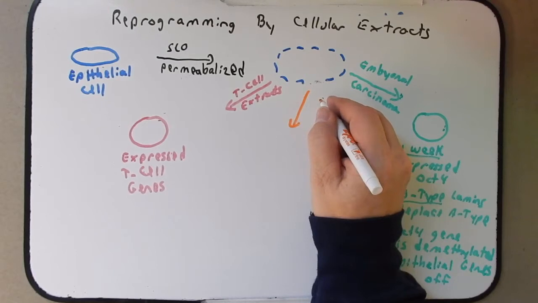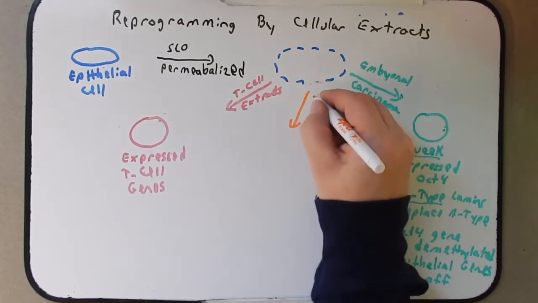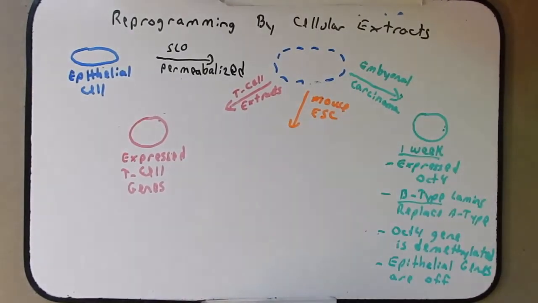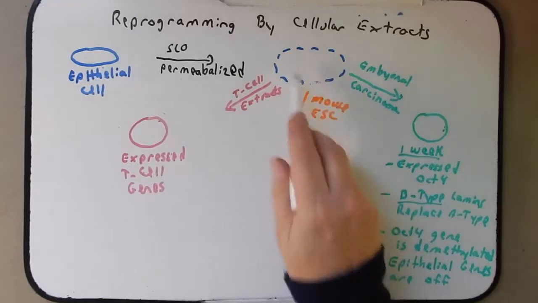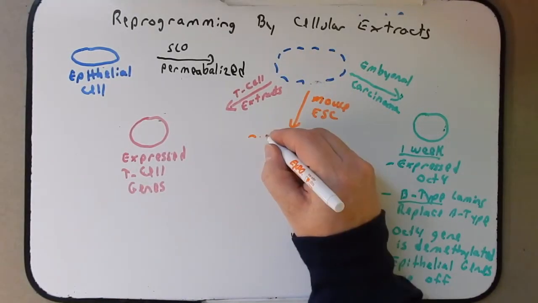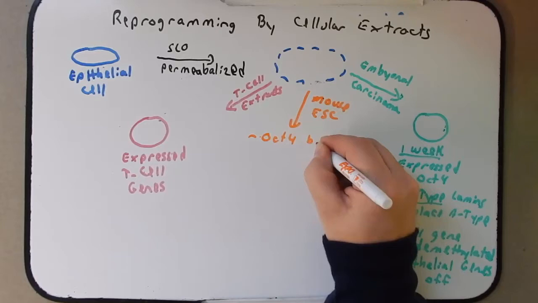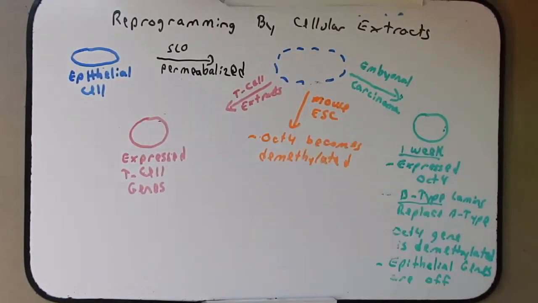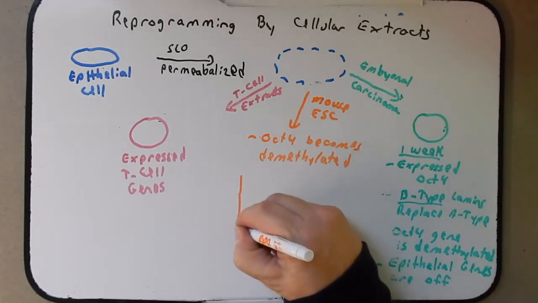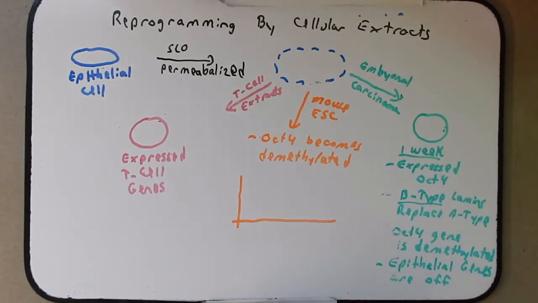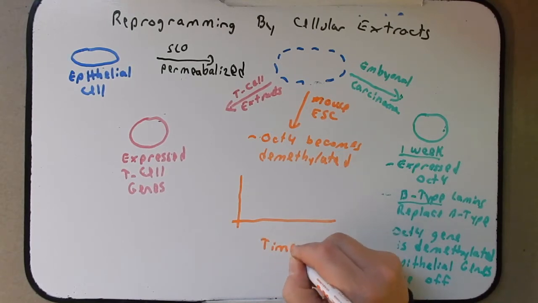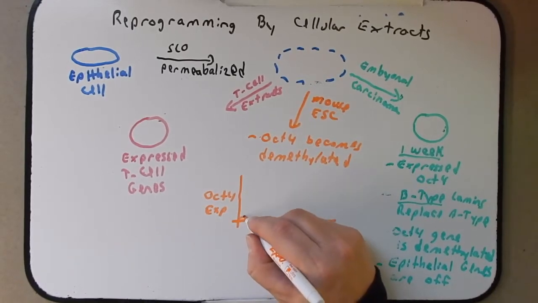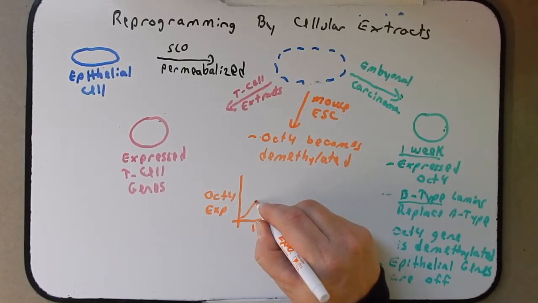So the third experiment I want to talk about is they took mouse embryonic stem cell extract and bathed the epithelial cell in it. OCT4 becomes demethylated, and we have this biphasic expression of OCT4. So down here we have time, and over here we have OCT4 expression. And within 1 hour, it begins to rise.